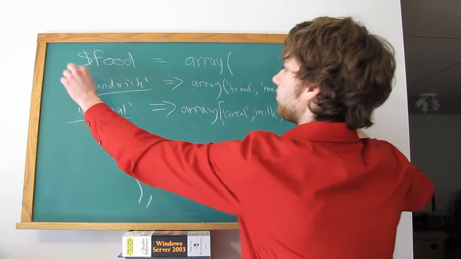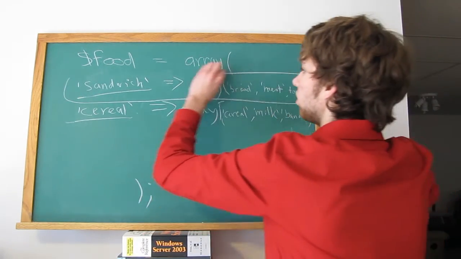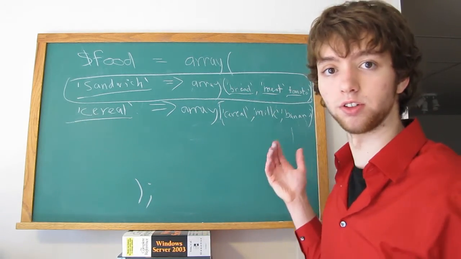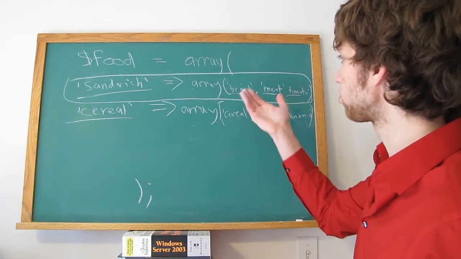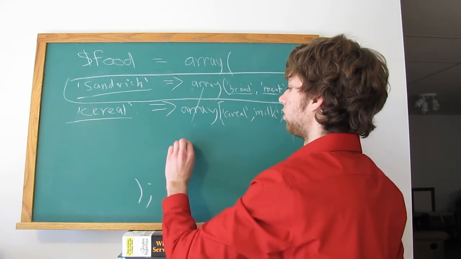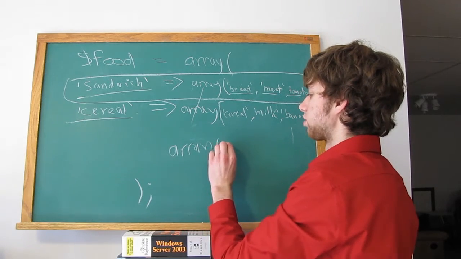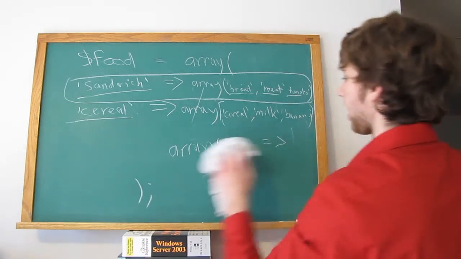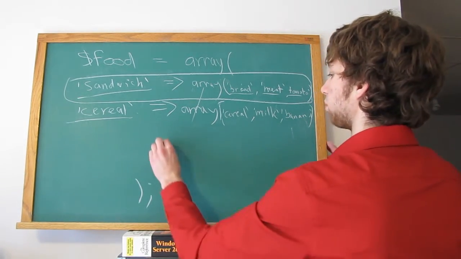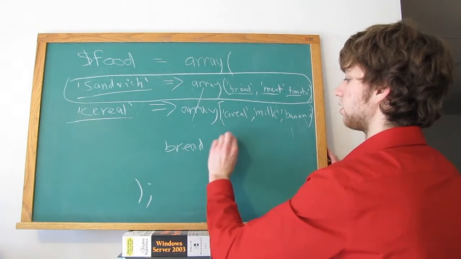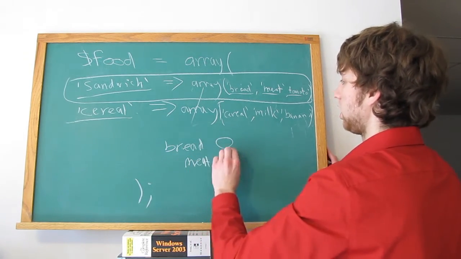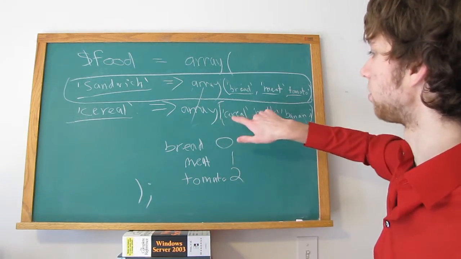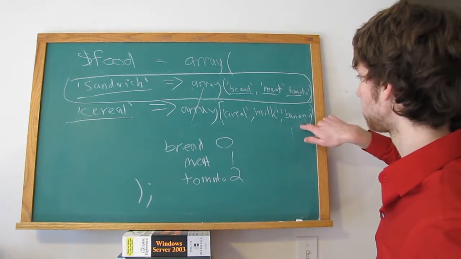Now for this array, this one right here, well, these specific values are not associative because if we were to make them associative, within this array we would have to go array, and then we'd have to give it a string such as first ingredient and then an arrow, which we didn't. So that means within this array, bread is 0, meat is 1, and tomato is 2. Same for this one, cereal is 0, milk is 1, banana is 2.